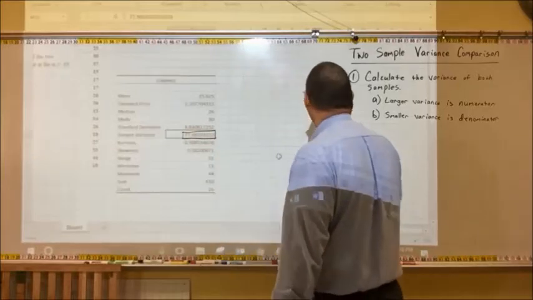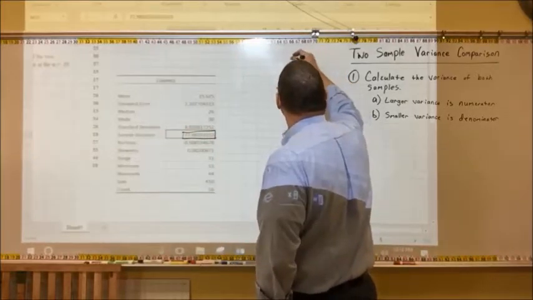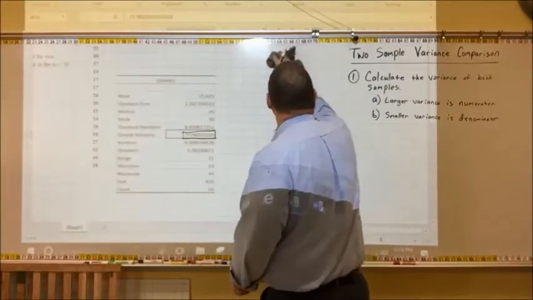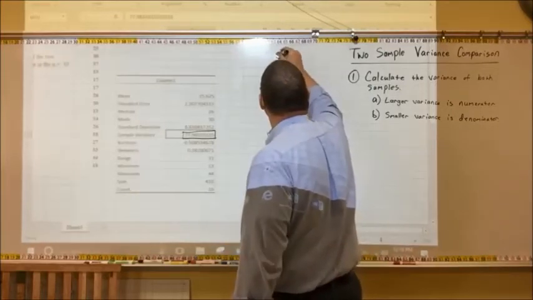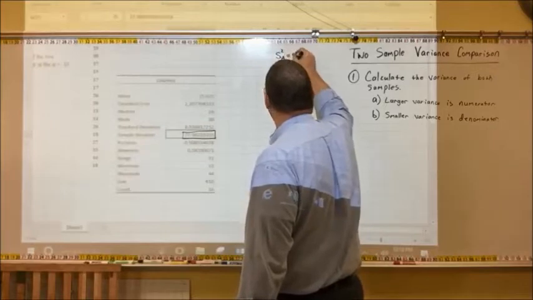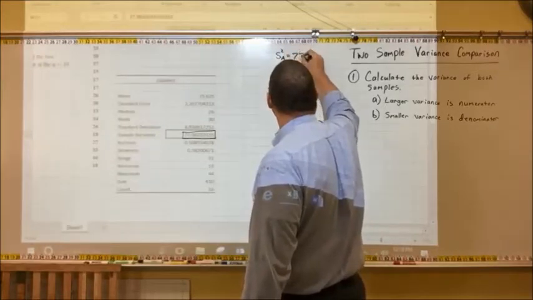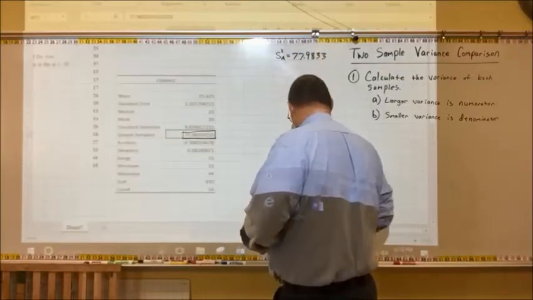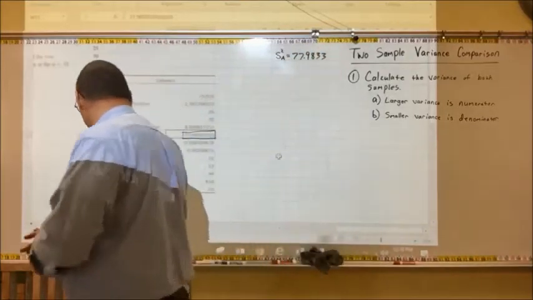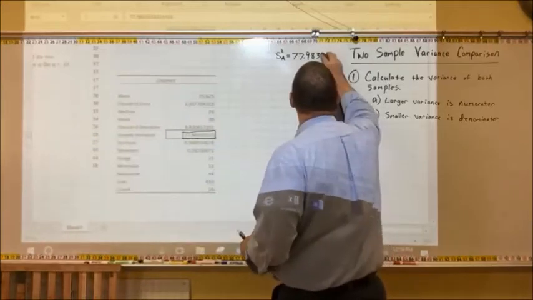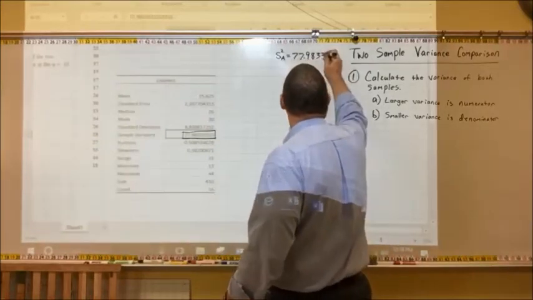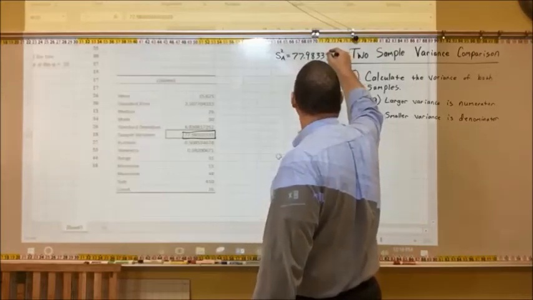Okay? All right, so we have population A, the variance. Let's do this. S squared, the variance of population A, is 77.9833. So we'll stop there. Maybe we'll just do 3 decimal places instead of 2. Although, you know what, we're going to divide something, so let's actually go out to 4, 5, or 6.